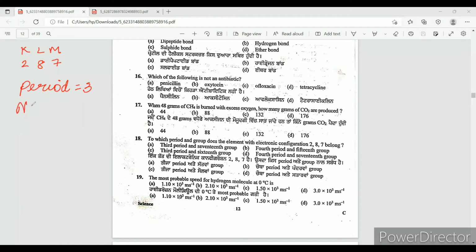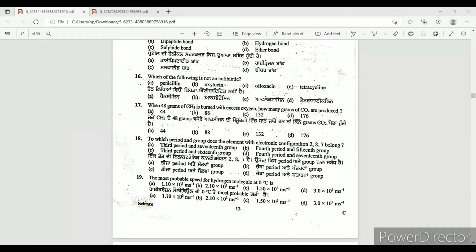Because period is equal to the number of shells, which is equal to 3. Now we have only 2 options having third period, that is A or C. Now we add the number of electrons. 2 plus 8 is 10, and 10 plus 7 is 17. So the answer is 17th group and third period. The correct answer is option number A, right?